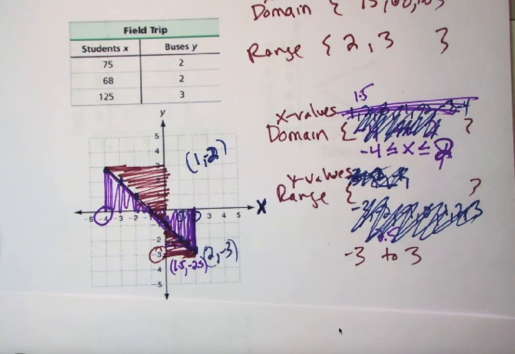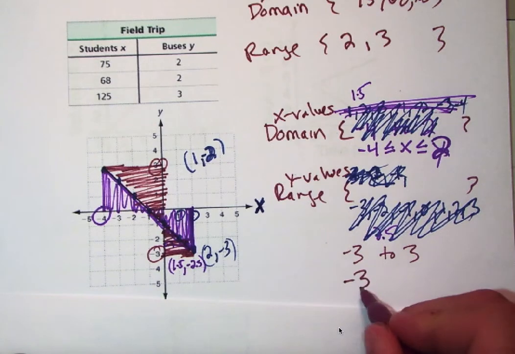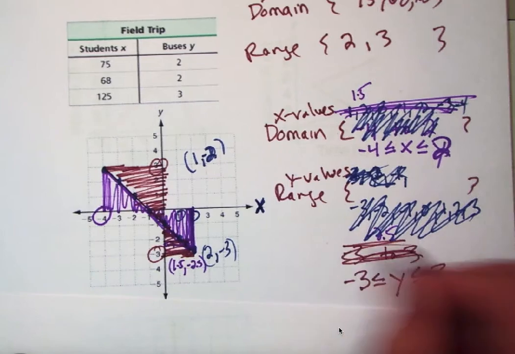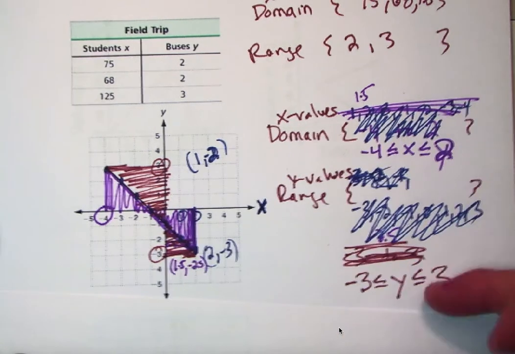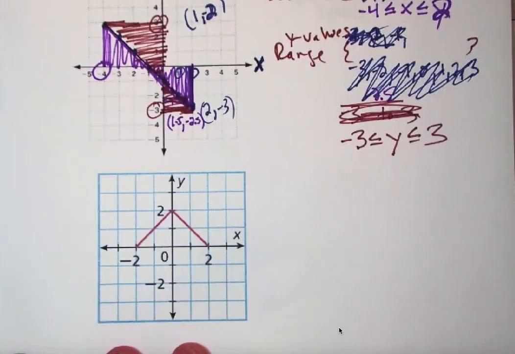But that's not the way we're going to write it. We're going to write it as -3 is less than or equal to y, which is less than or equal to 3. Okay, so when we have solid lines, we're going to start using inequalities to represent all the domain and range. Okay?